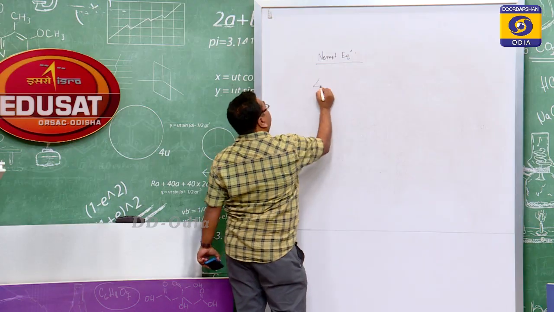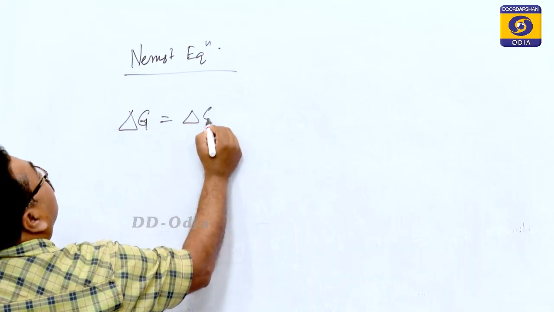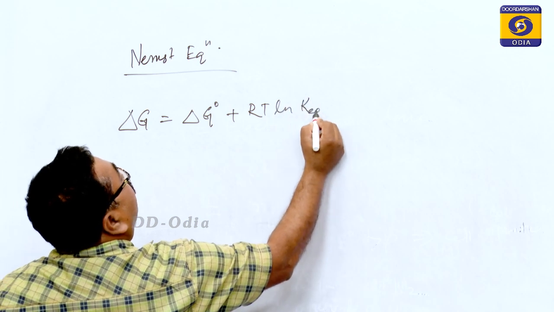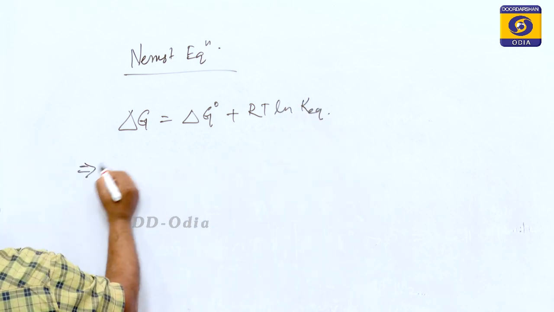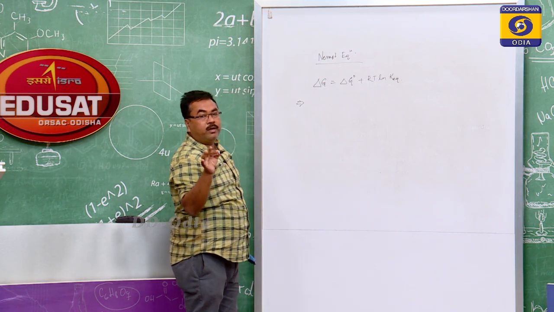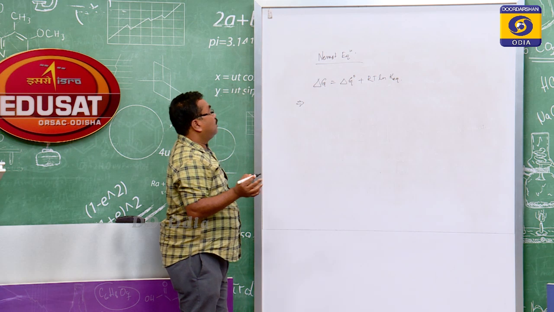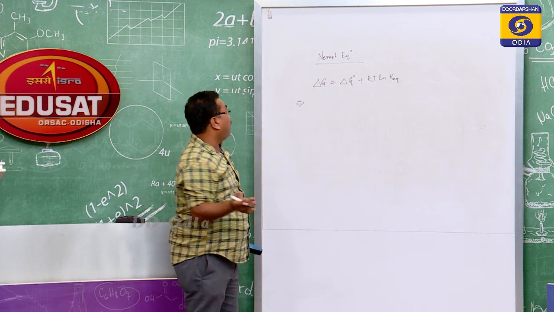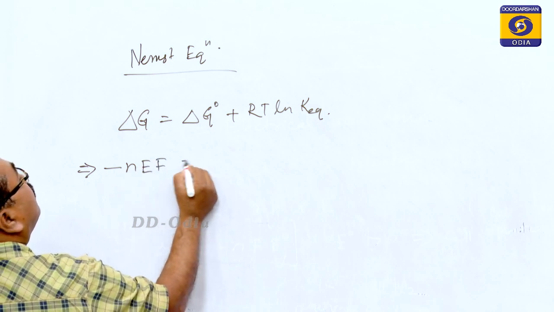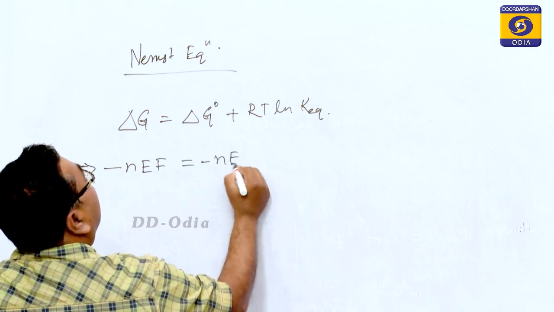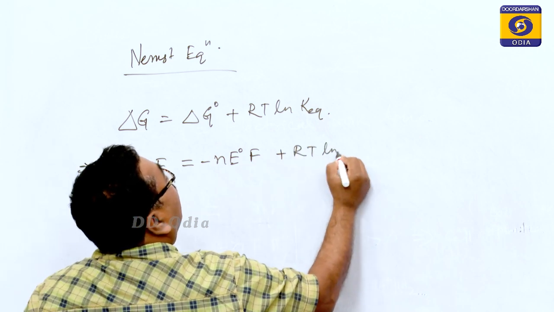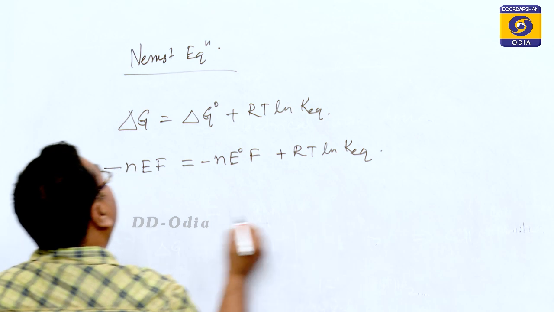We shall start with an equation like this: del G is equal to del G0 plus RT ln K equilibrium. If we use that as the driving force required for a cell to operate, we can put here minus nEF, which is equal to minus nE0F plus RT ln K equilibrium.